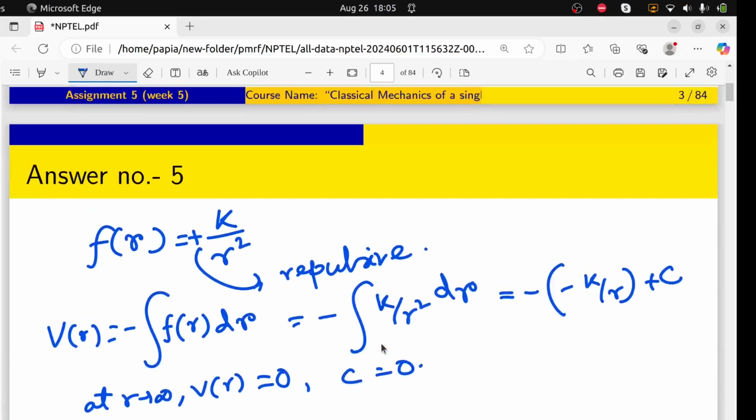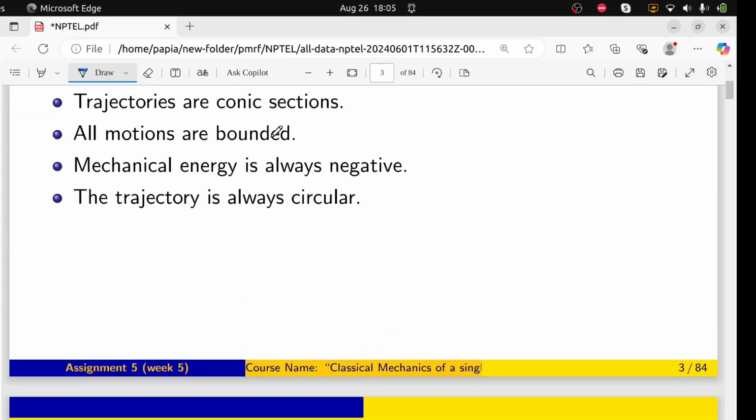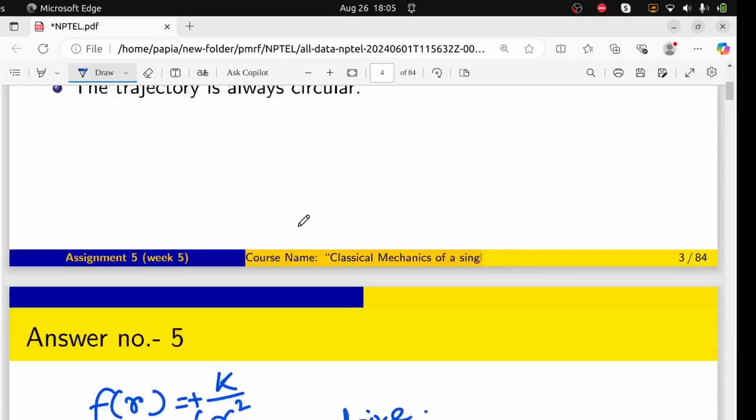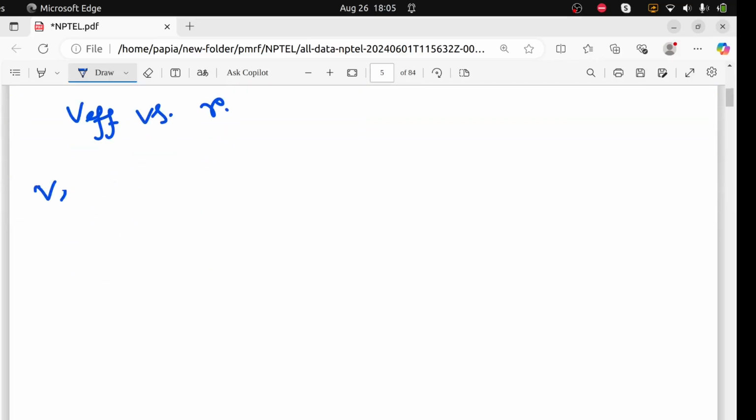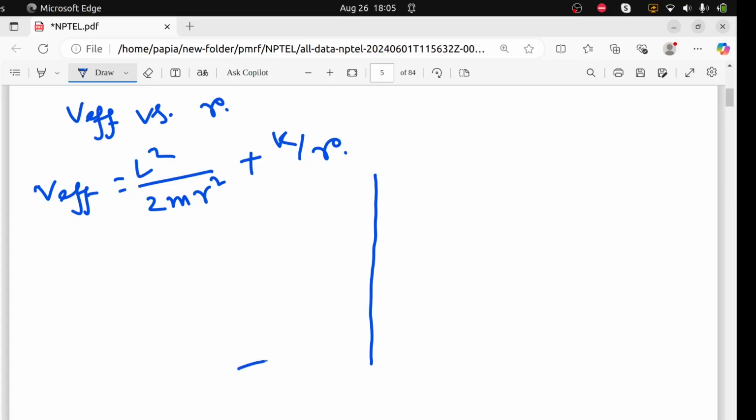Okay, very good. Now come to the question. The trajectories are conic sections, all motions are bounded, mechanical energy is always negative, the trajectory is always circular. Okay. Now I just want to plot V effective versus r. It is L square by 2m r square plus K by r. Now you can understand, if I plot V effective versus r, then what will happen?